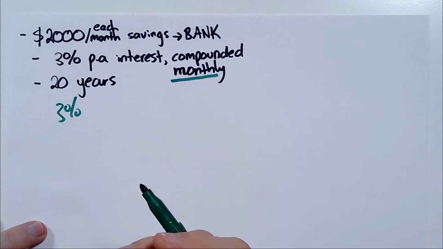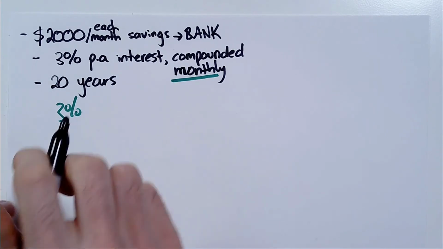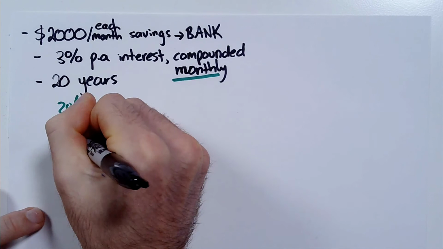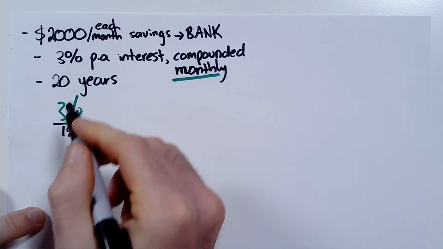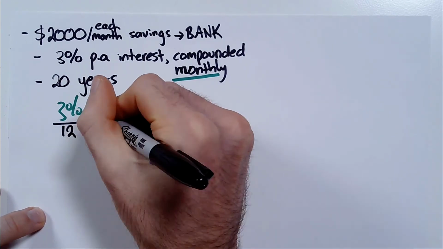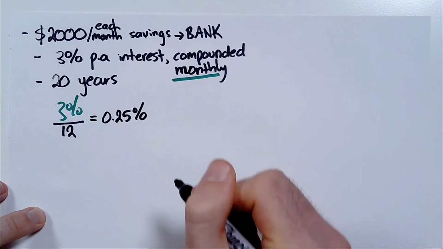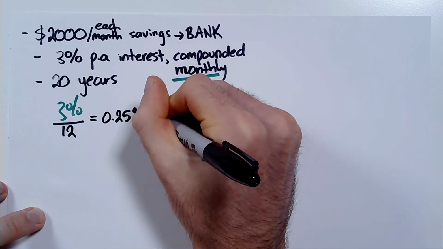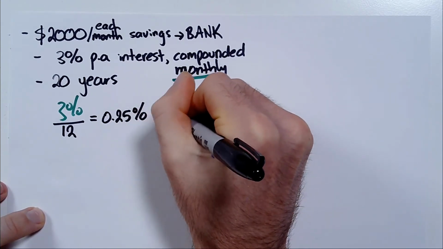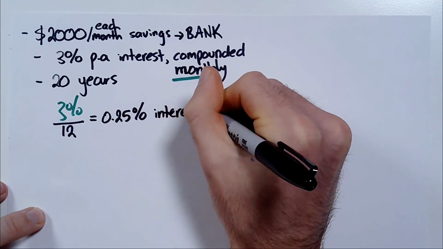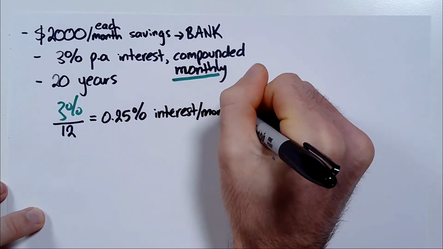Now, how many months are in a year? 12. So we divide the 3% by 12 because there's 12 months in a year to get a monthly interest rate. And that's going to give us 0.25% as the interest per month. We're more interested in that number, okay?